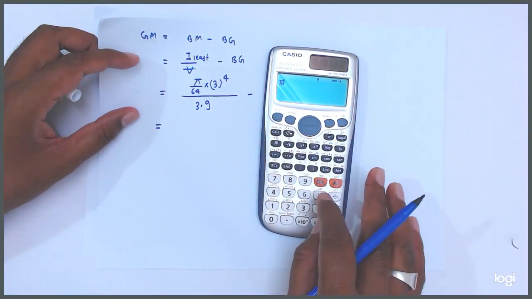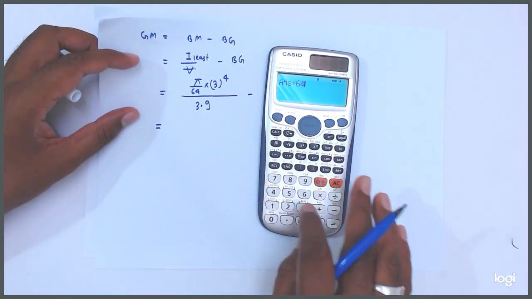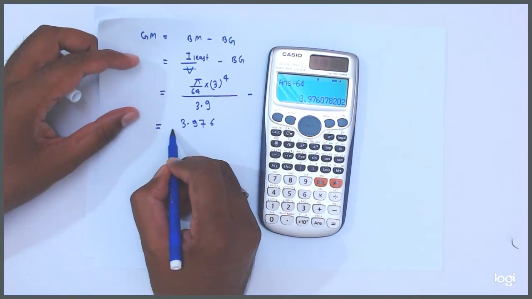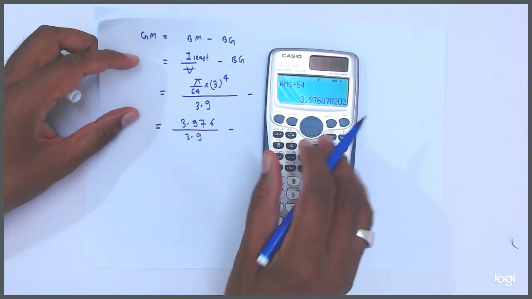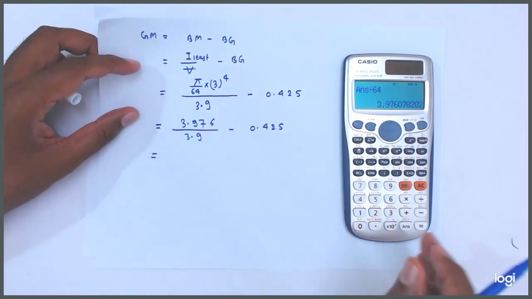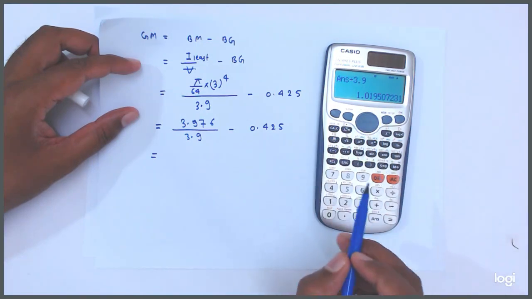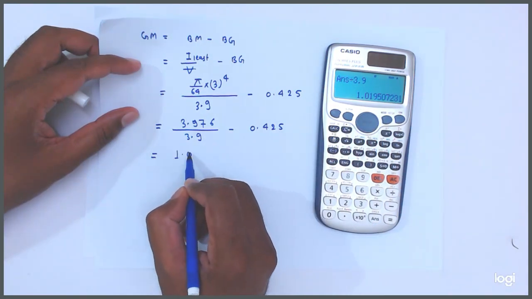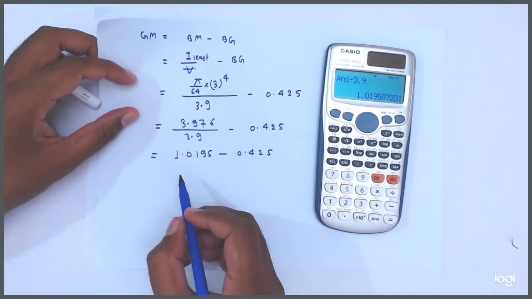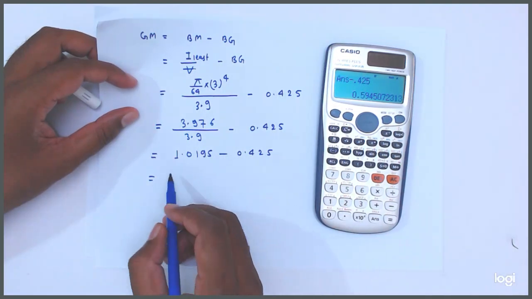Pi into 3 to the power 4 divided by 64 will come 3.976, divided by 3.9, minus 0.425. If you divide by 3.9 it will come 1.0195, minus 0.425.